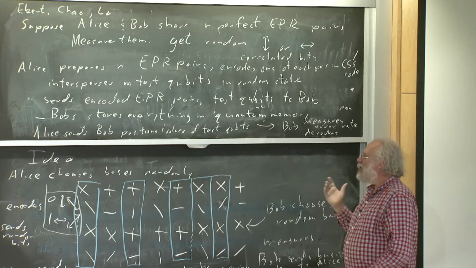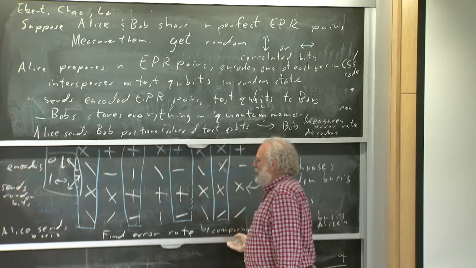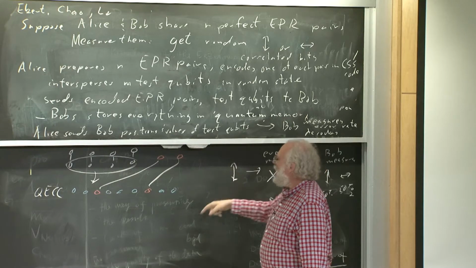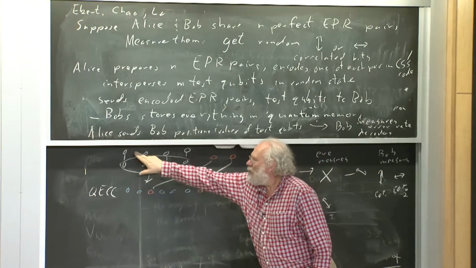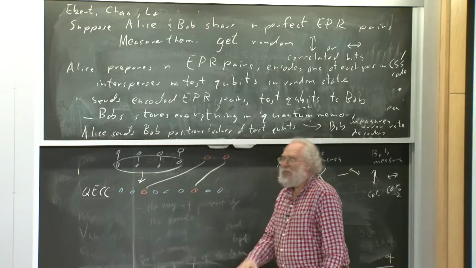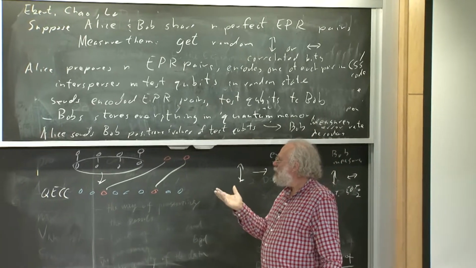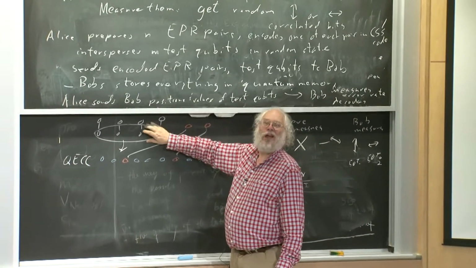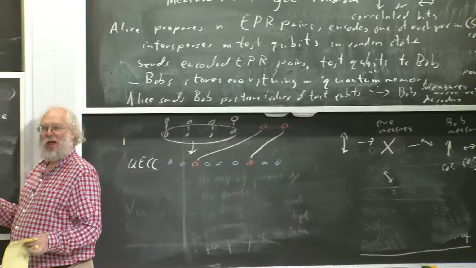Because, once Alice has encoded these EPR pairs, she's going to measure them after she's sent them all to Bob. But measurement commutes with doing anything on the other half of the EPR pairs, so she might as well just measure them before she sends them all to Bob.